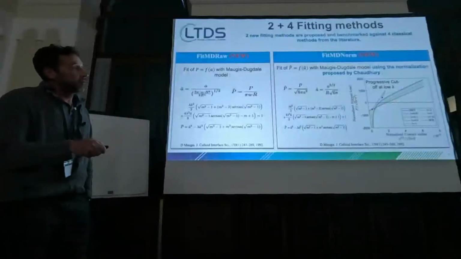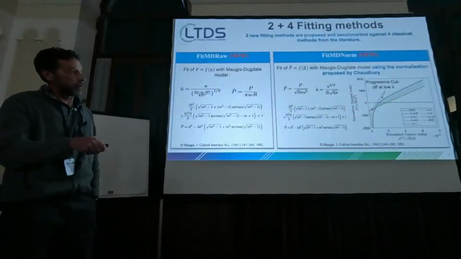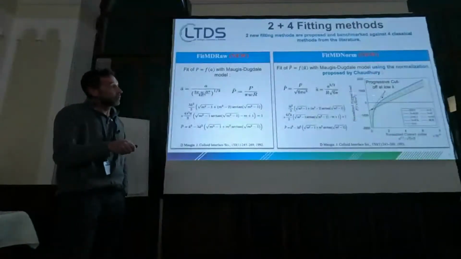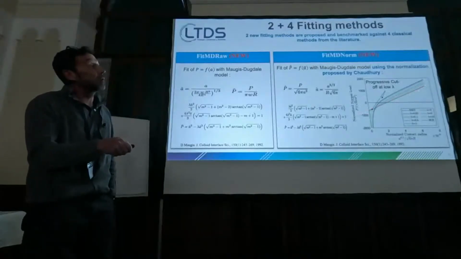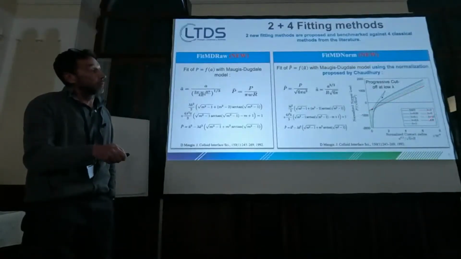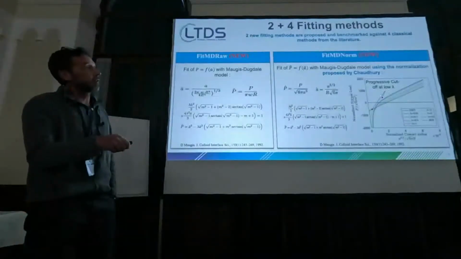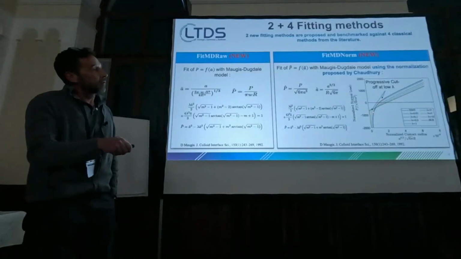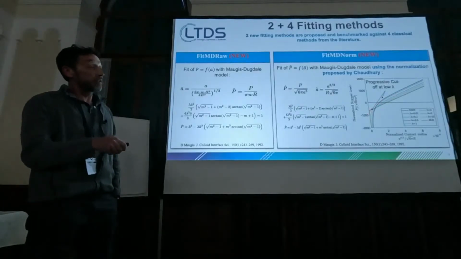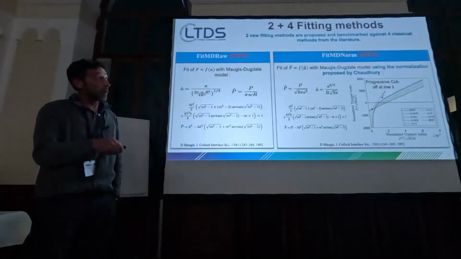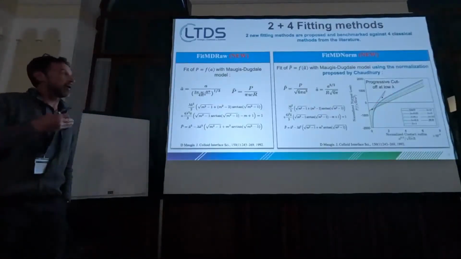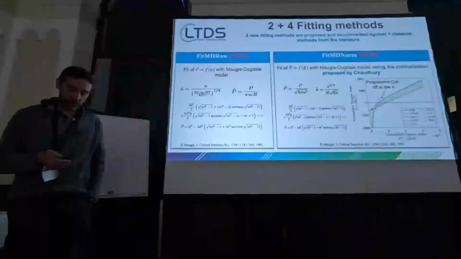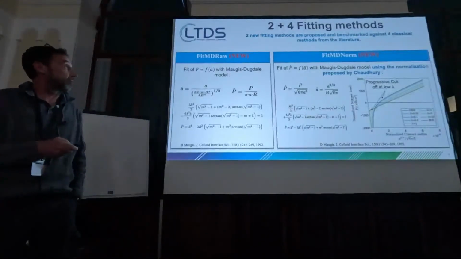It's because if you plot the normalized version of the normal force against the normalized contact radius with the normalization proposed by Chaudhury, you see that the JKR is linear, but if you go down in the Tabor parameter to DMT, you see that there is a cutoff that appears at low lambda, and this cutoff is really interesting if you want to fit your data because it's quite easy to capture. Whereas if you just plot A versus P, you see that the modifications in your curve are really tiny and really difficult to capture. You will see that in a few slides.